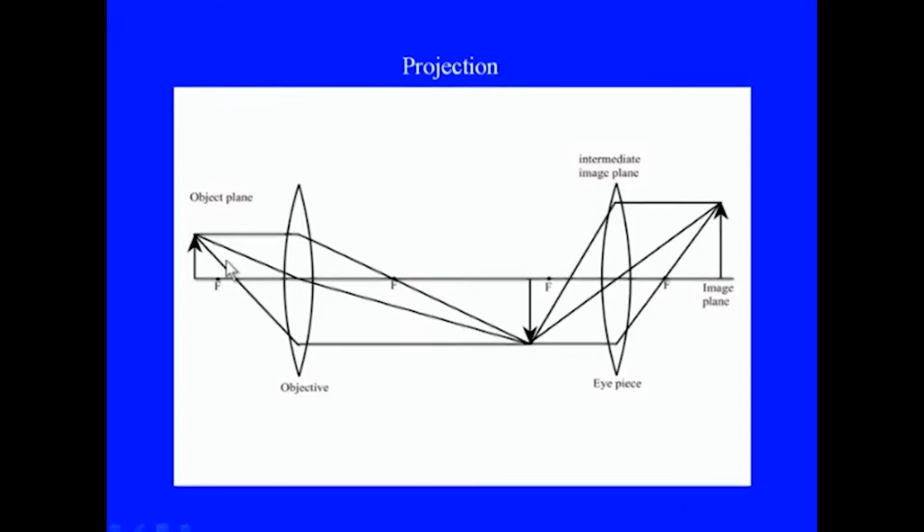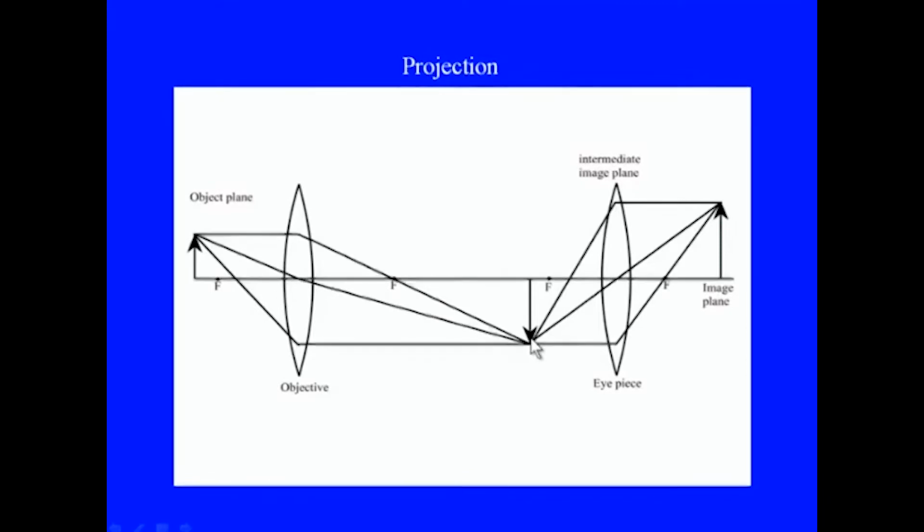Now, supposing there is no direct viewing, like you are not observing the image directly, but you would like to record the image for permanent storage, or viewing it later or analyzing it later, then little differences have to be put in here. You can see the main difference is that earlier the intermediate image plane was within the focal length of the eyepiece, that is, the image formed at the intermediate image plane was smaller than one focal length of the eyepiece, but now here it is a little farther than the eyepiece focal length.